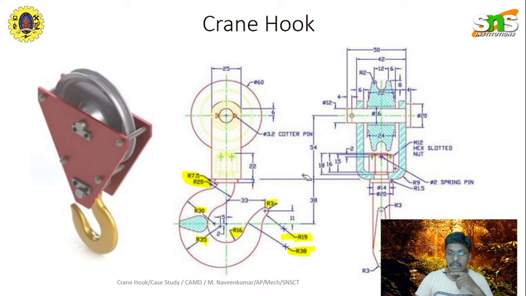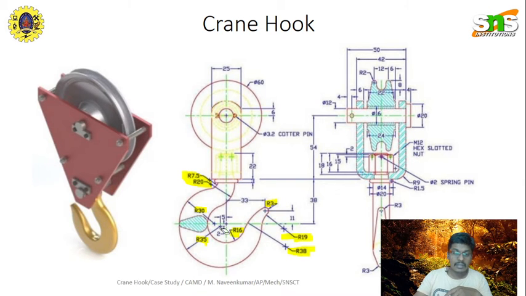The distance from here to here is around 92, and you have to give 11 from here to here. So this particular hook is very carefully designed, and students like you have to give importance to understanding the drawing before you proceed to draw it.